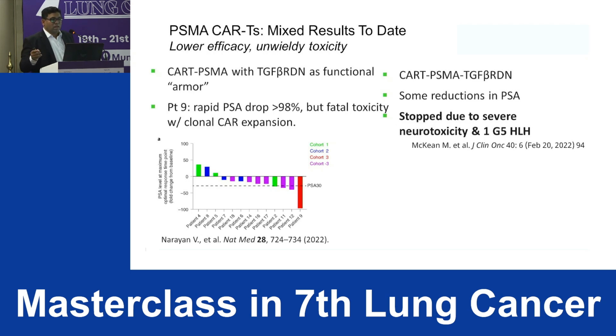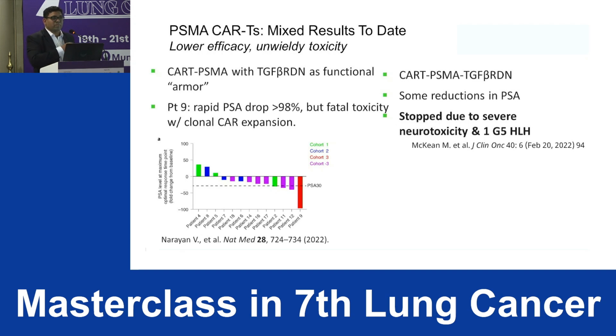But what we landed up with was fatal toxicities. And why were there fatal toxicities? This is another situation where you give only PSMA CAR, it does better. When you give the PSMA CAR along with tumor growth factor beta, which leads to more penetration in the tumor microenvironment, we have started seeing a lot more neurotoxicity and even deaths with that.